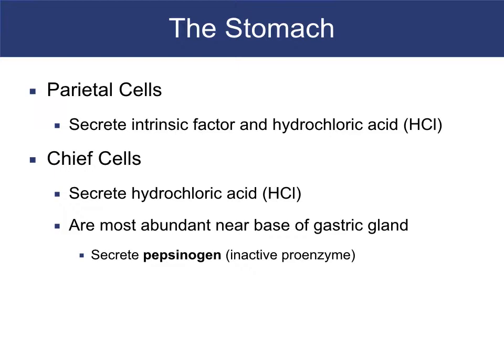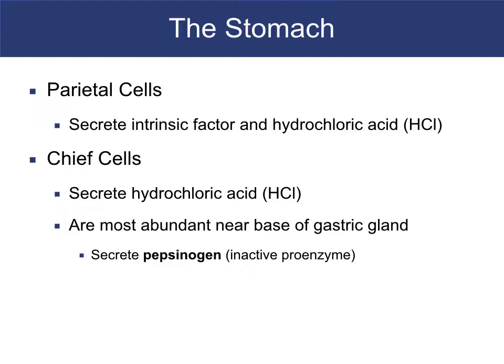Pepsinogen. Pepsin breaks down peptides, which are proteins. So pepsinogen is one of the enzymes that you need to be aware of, and just know that it's an enzyme that breaks down proteins, peptides.